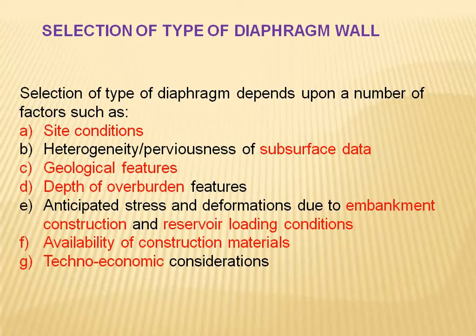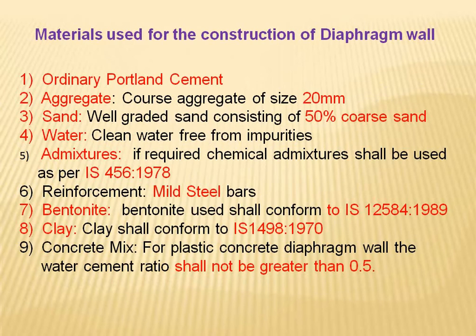Then embankment construction and reservoir loading capacity, which we again have to think about. Then availability of construction materials, locally available materials, and techno-economic consideration, which we also have to consider while selecting the type of diaphragm wall.